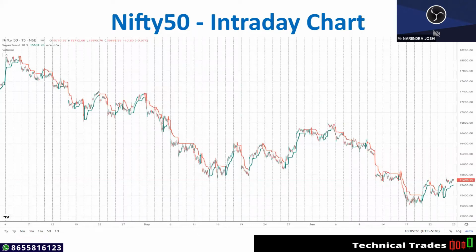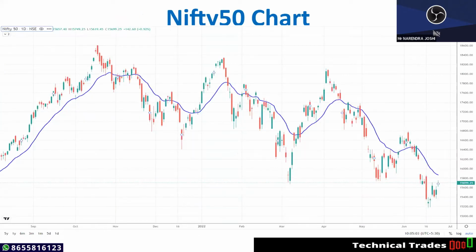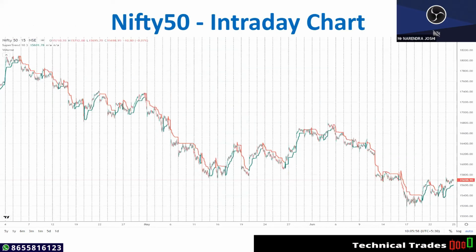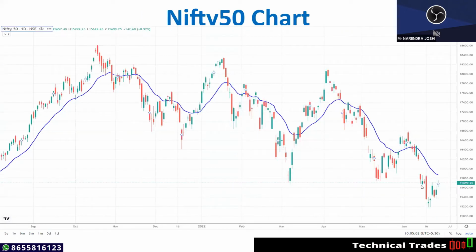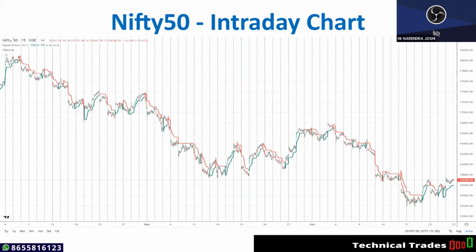So now on the short term time frame our trend is down, and on the intraday time frame also, if you check the last 4-5 days chart and compare both, this big candle on the intraday chart, you could have easily got this trade.